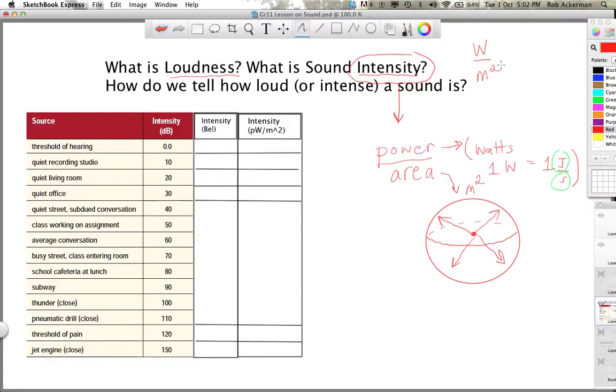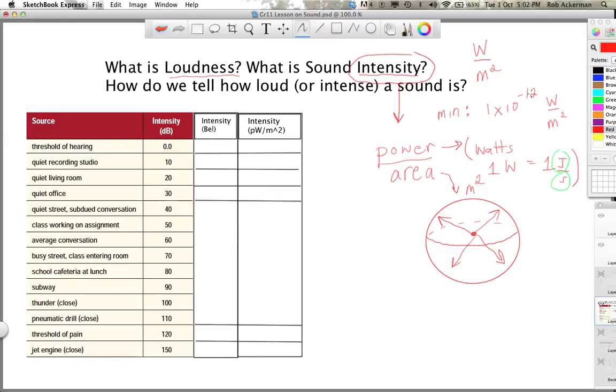Now, here's some more information once you internalize this concept. There's the idea that there's got to be some minimum amount of intensity that your ear can detect. And believe it or not, for the human hearing, the minimum intensity is a tiny amount. It's actually so small, we have to use scientific notation. It's 1 × 10⁻12 watts per square meter.